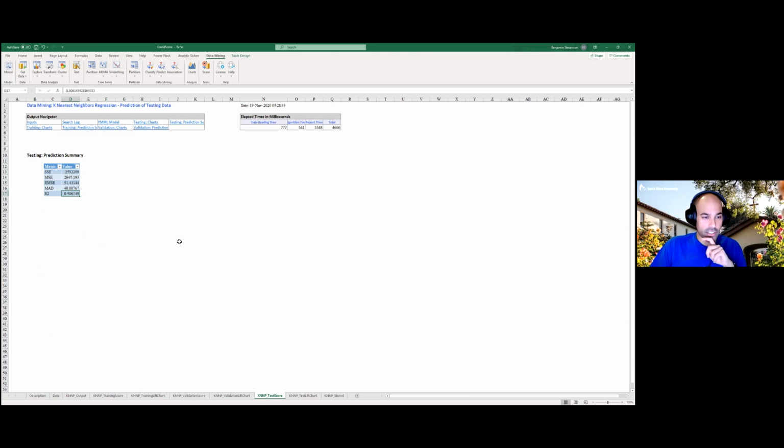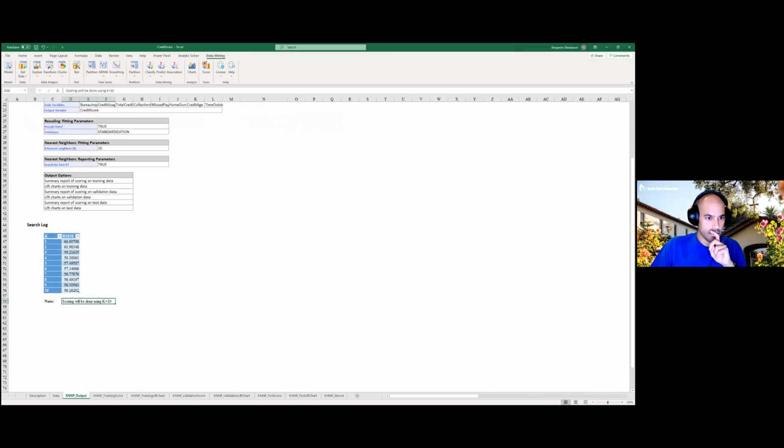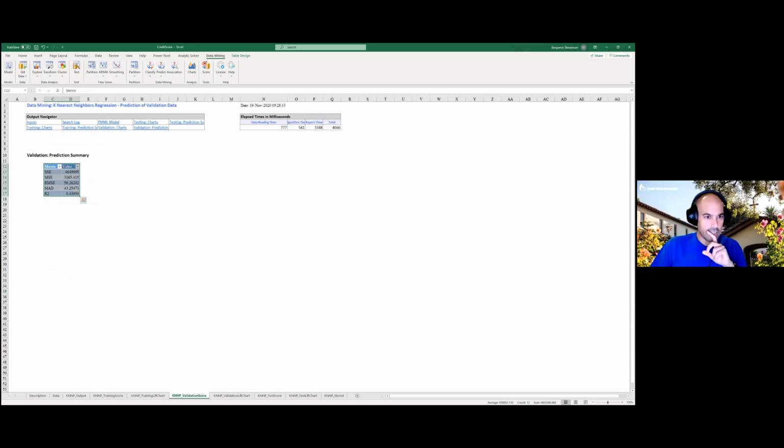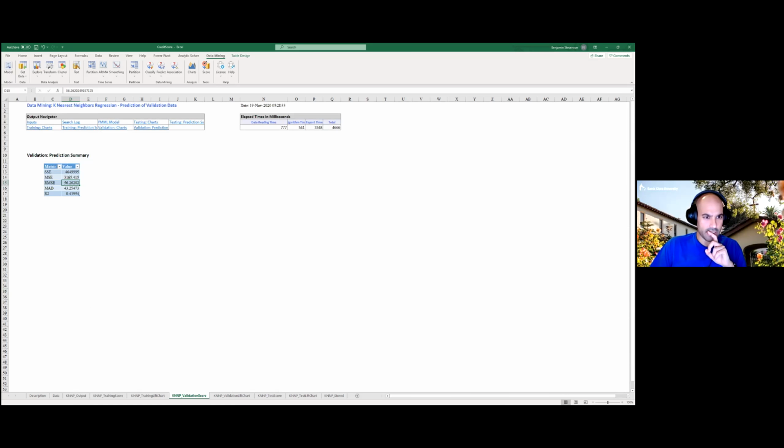So it got better too. Oh wait, no, it didn't. Yeah, it did get better. 51.4314. That's it. Perfect. And then what does it say about how it compares between the test set and the validation set? So the validation set is slightly worse. No, almost identical actually.